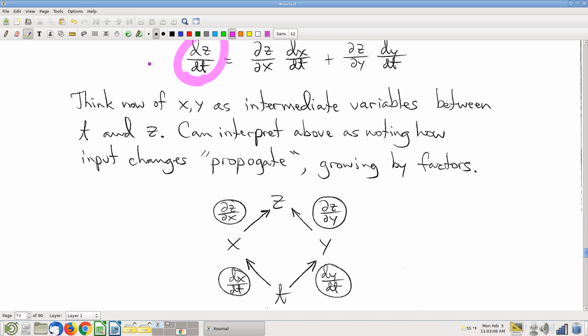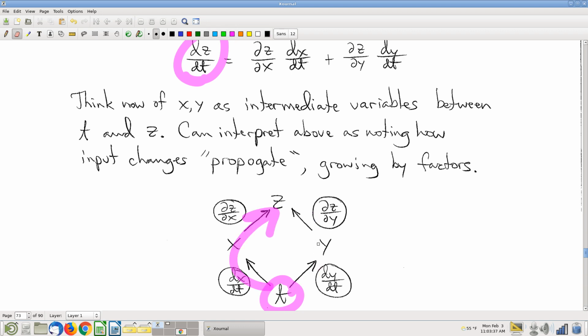So, in some sense, I want to know how much does change get magnified if I go from a t change to a z change? I'm just speaking loosely. Well, the point of view that I want to propose is that the change that I start with, this t change down here, is going to propagate along two different paths.